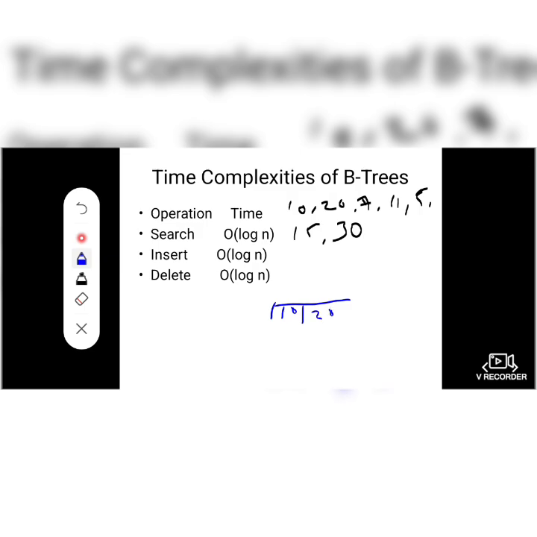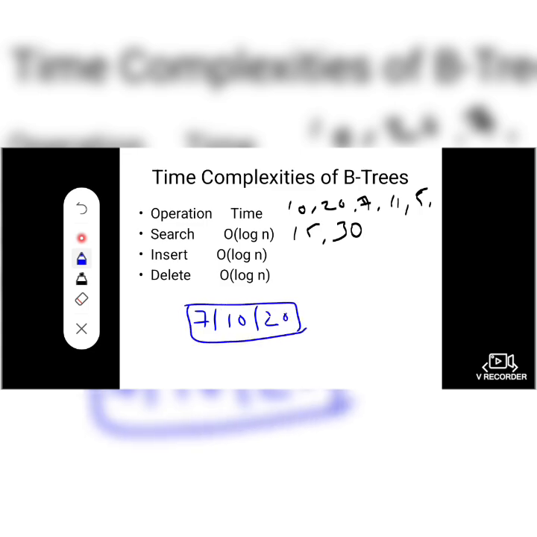So 20 will be here. Next 7. 7 will be in front of 10. So 7, 10, 20. These are called keys. Next 11. We have to insert 11 between 10 and 20.